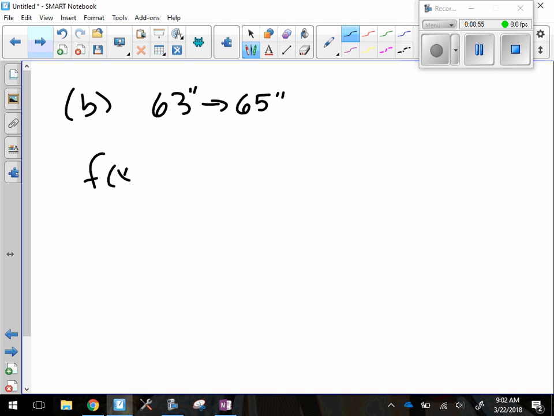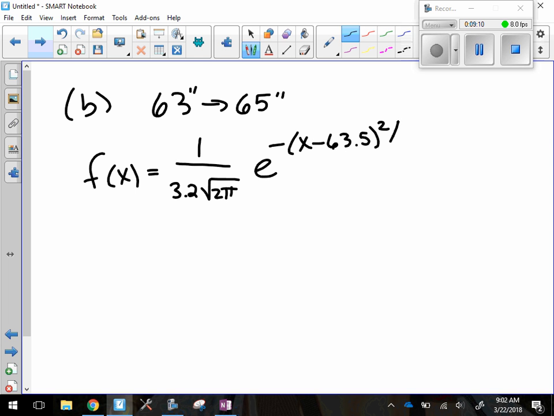F of X is going to be 1 over sigma, which is 3.2 times radical 2 pi, e to the negative x minus the average, which is 63.5, that thing squared, divided by 2 times, again, sigma, which is 3.2 squared.